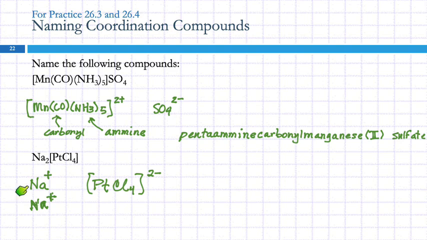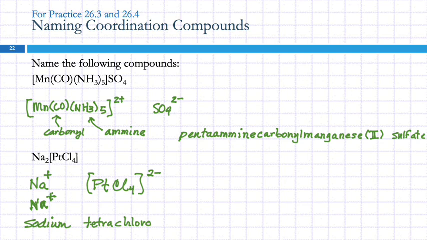What's the name of this ion? Na plus. It's just sodium, right? Sodium. And then we name the anion, the complex ion. So we start with the ligands. This is chloride. What do we call that? Chloro. And how many? 4. So this is going to be tetrachloro.